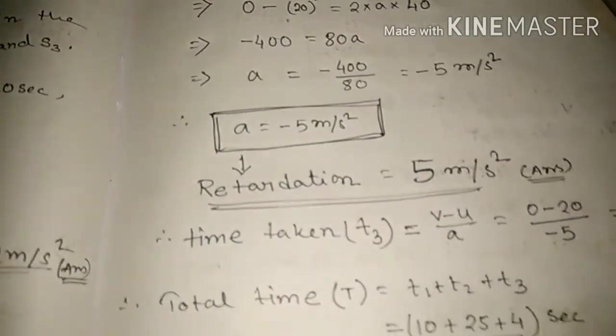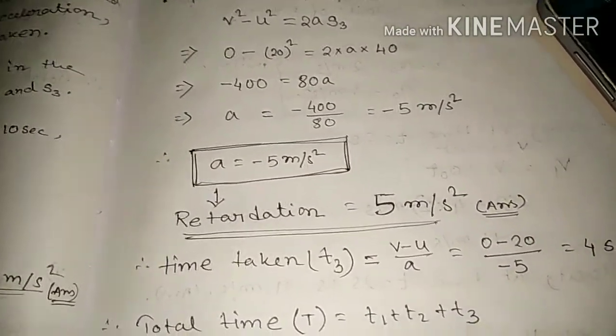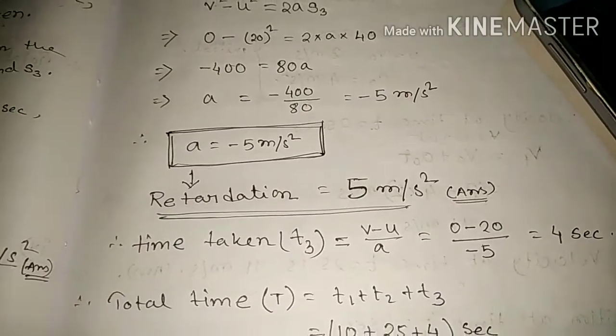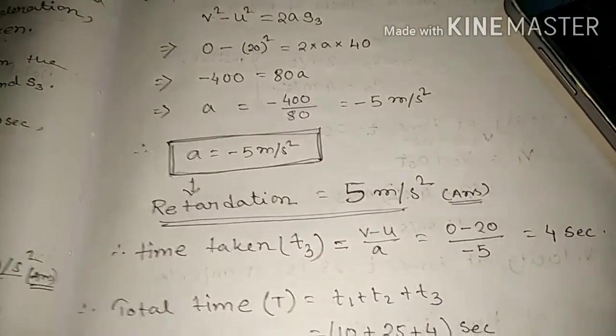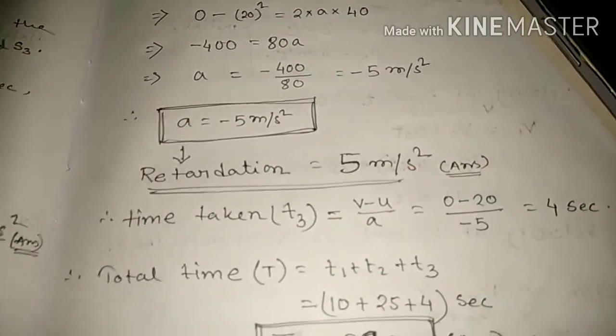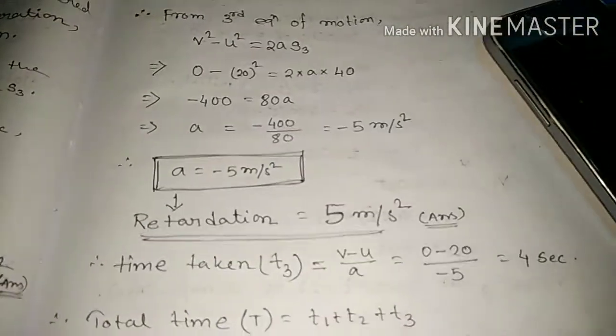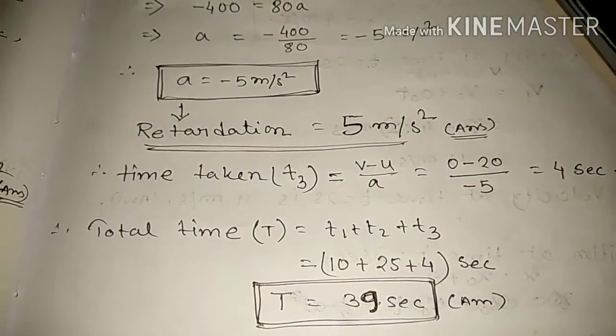Understand? So in the third case, how do you find out the time? t3 equals to v minus u by a, using the first equation of motion, that is 20 by 5, 4 seconds. So we have t1 equals to 10 seconds, t2 equals to 25 seconds and t3 equals to 4 seconds.